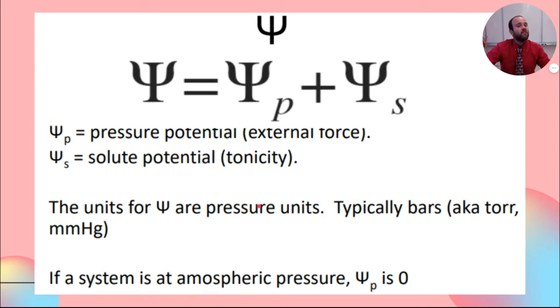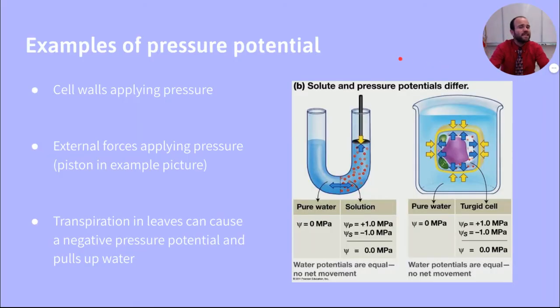Now, if we just have regular atmospheric pressure, usually our pressure potential is 0. Unless there's something actively pushing on the situation, usually it's going to just be our solute potential on either side of the membrane. So what are some examples of pressure potential? Well, think about if you had a tube with a membrane in the middle and you had a piston pushing on that water, applying actual pressure, sort of like a super soaker or a pump.